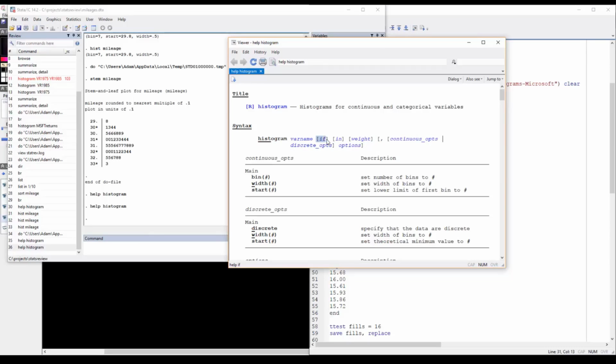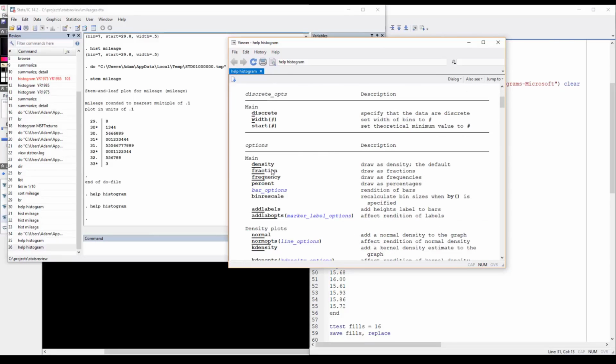When you see something in brackets, these are optional components of the syntax, and everything after the comma, which is optional, is comprised of options. Here we've got continuous options or discrete options, and then general options.